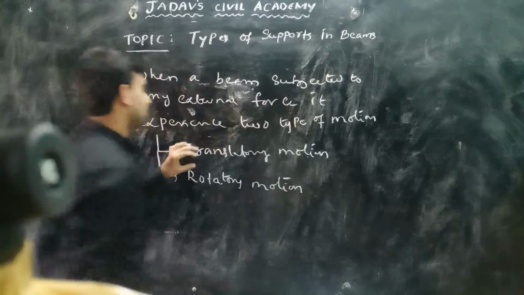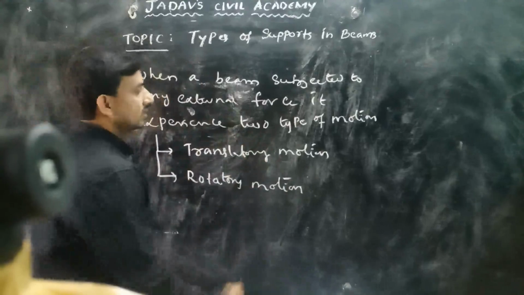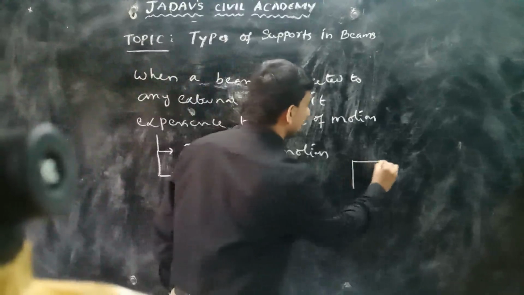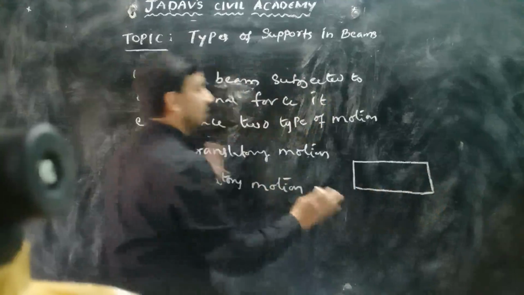So what do you mean by this translatory motion and what do you mean by this rotatory motion? Let's say, take an example of a beam here. It is not supported with any support.